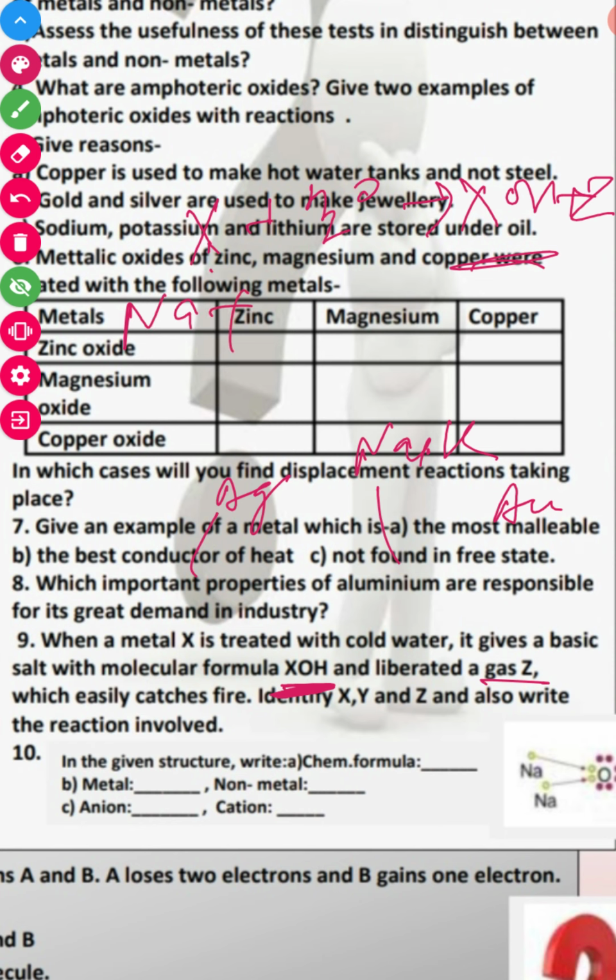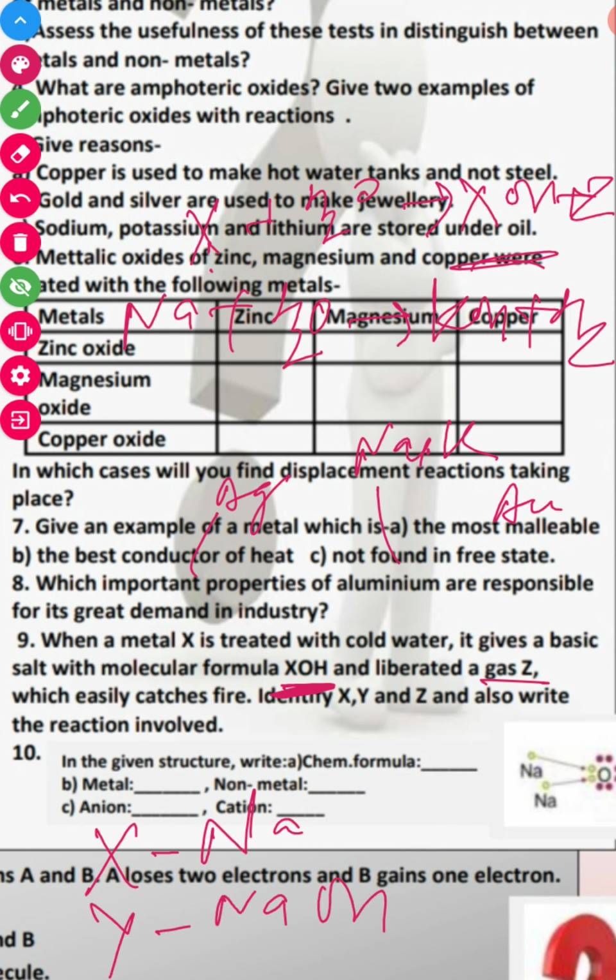So Na plus H2O will give you NaOH plus hydrogen gas is evolved. So the answer of this question is: X is sodium, Y is sodium hydroxide, and Z is hydrogen gas.